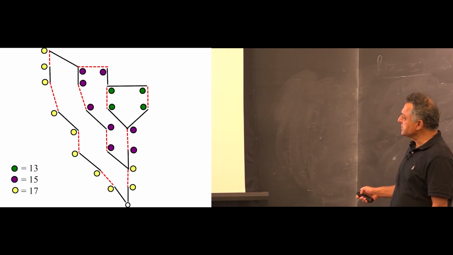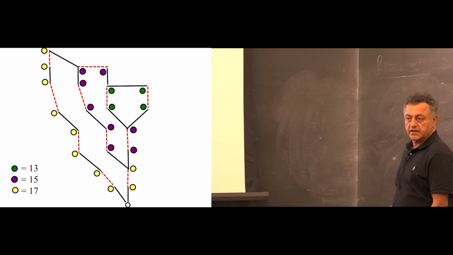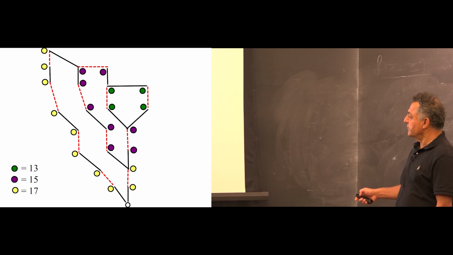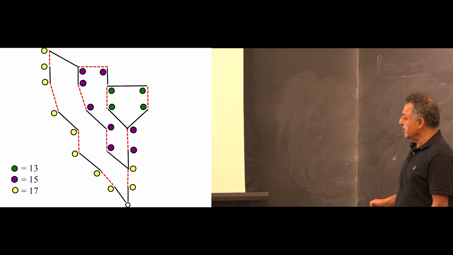So what's the blossom of tenacity green and base this guy? The 4 green vertices, yeah. What's the blossom of tenacity yellow? Tenacity 15 and base this guy.